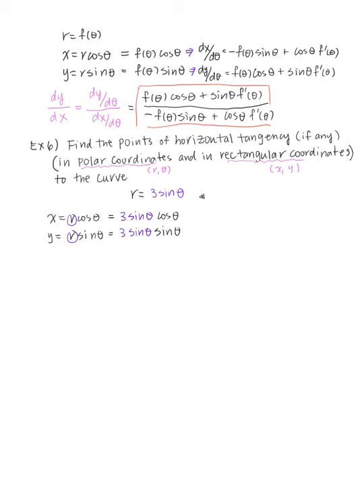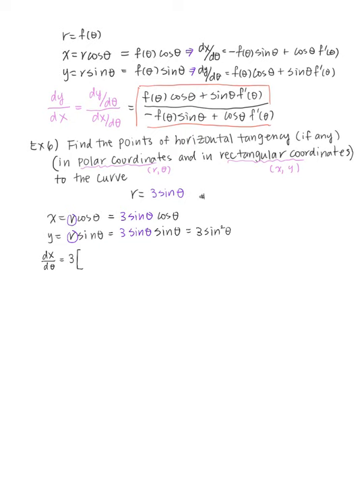Now since we need to differentiate, let me just simplify this into 3 sine square of theta. Alright, so now I think we're ready to differentiate. So let's go with dx over d theta. When I do this, let me factor the 3 out, and I'm just going to take the derivative of sine times cosine.